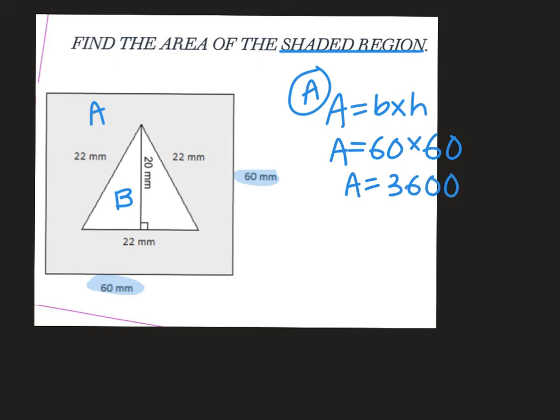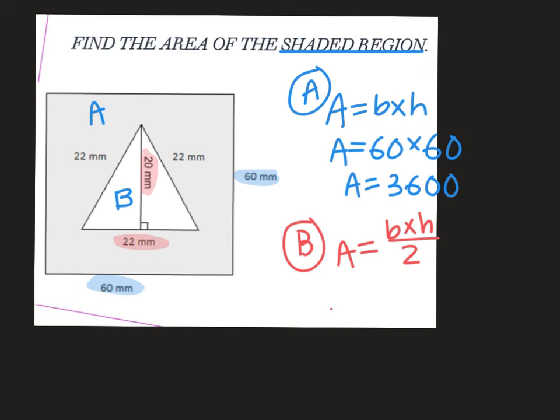Now shape B, again, this is a triangle, so my formula for a triangle is base times height divided by 2, so be careful on this one. Now my base for this triangle is 22 and my height is 20.